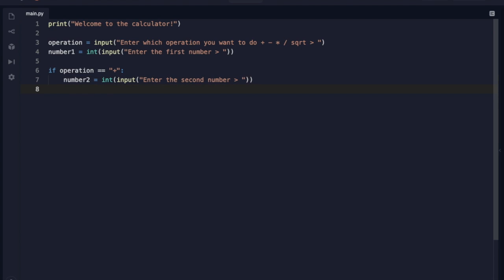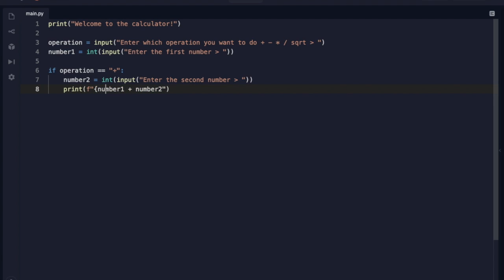So yeah, after this user input we're going to print number 1 plus number 2. And we have to tell the user what the number is, like why we put the number there.